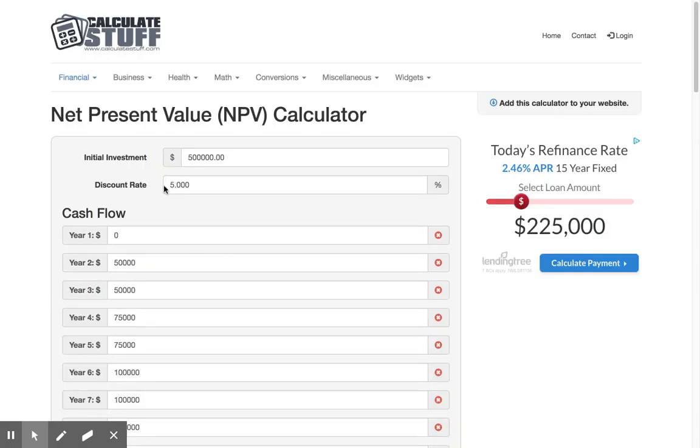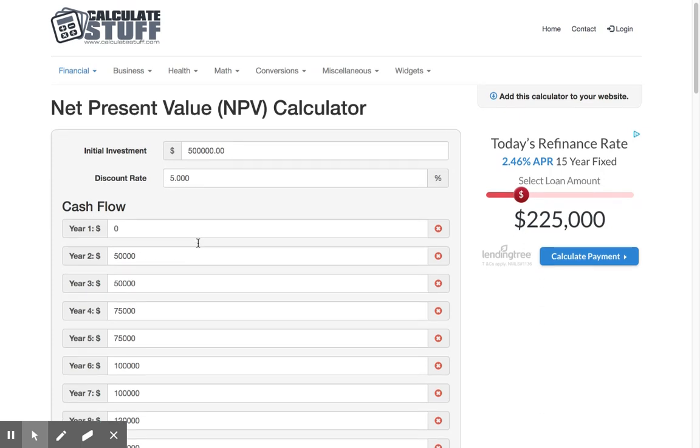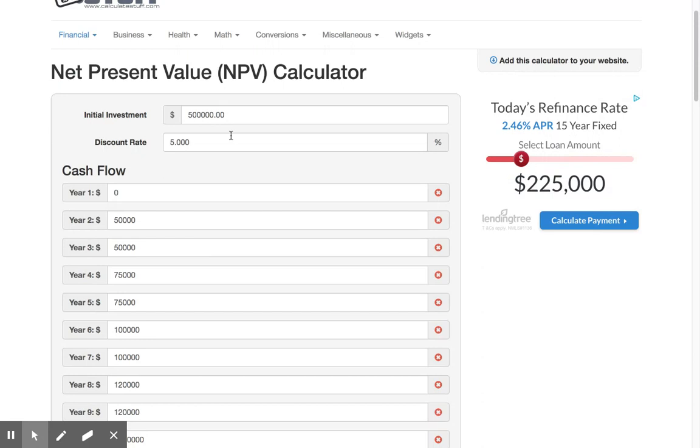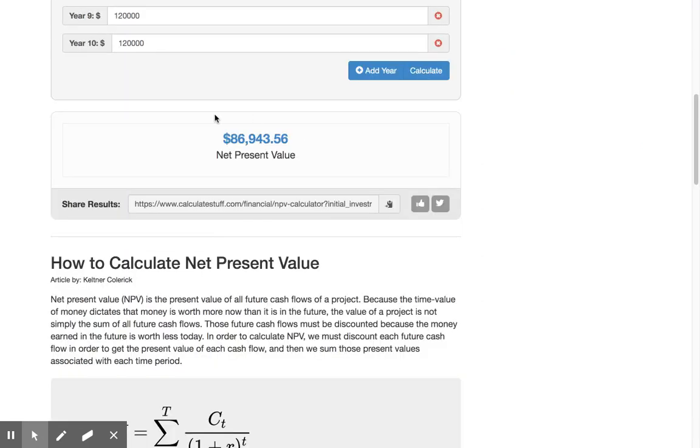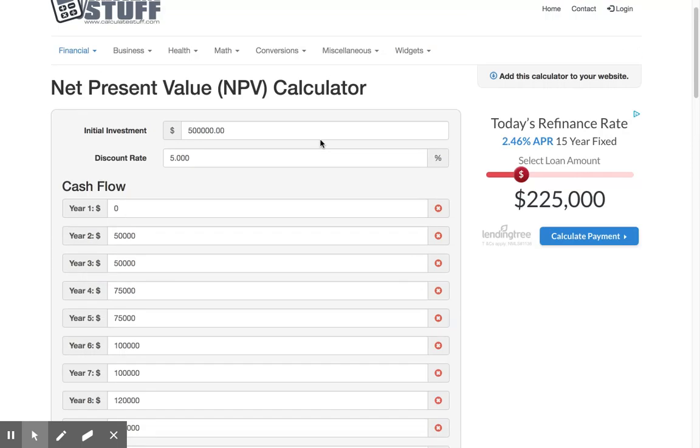So if we're only looking at a 5% rate of return, then at $500,000 for 10 years, that would be a good investment.